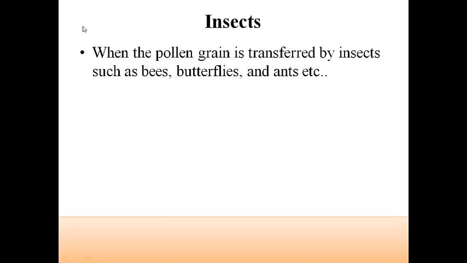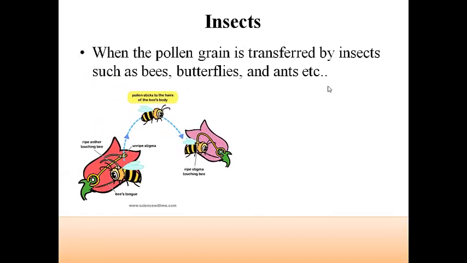Insects. When the pollen grain is transferred by insects such as bees, butterflies, and ants, etc. This is how bees help in transferring pollen grain from one flower to another.